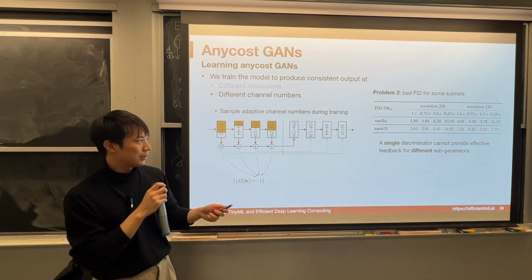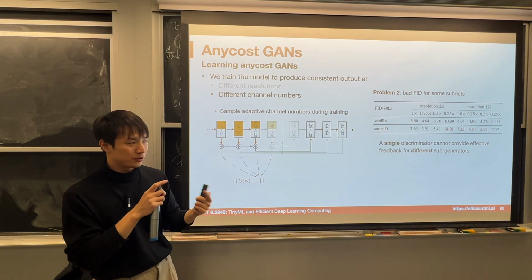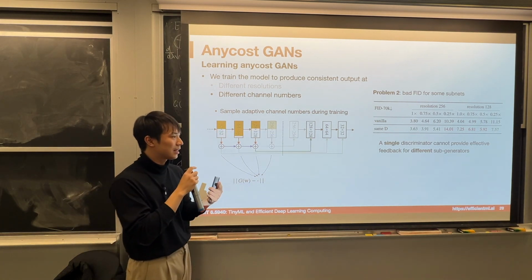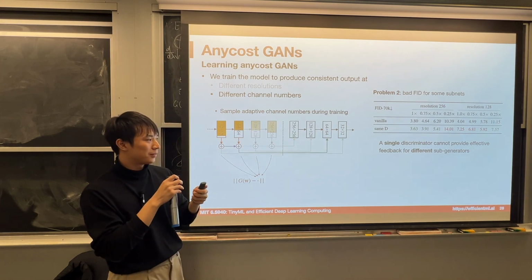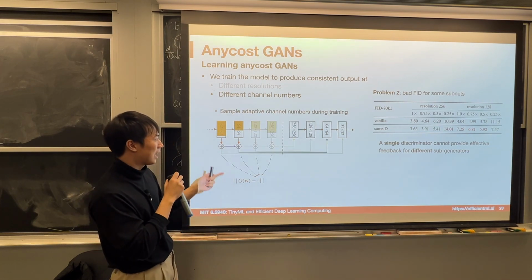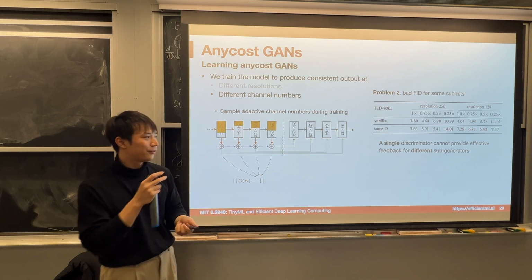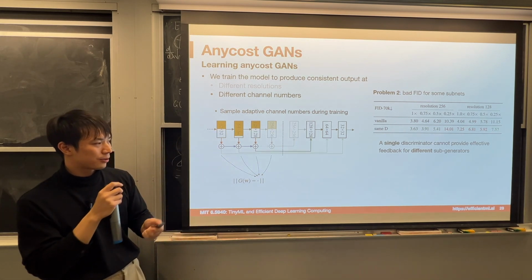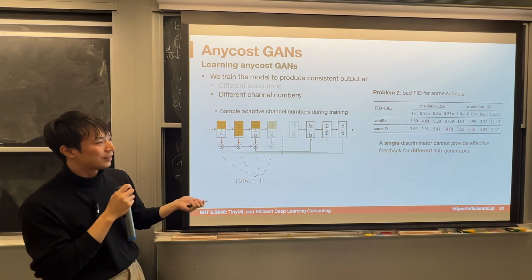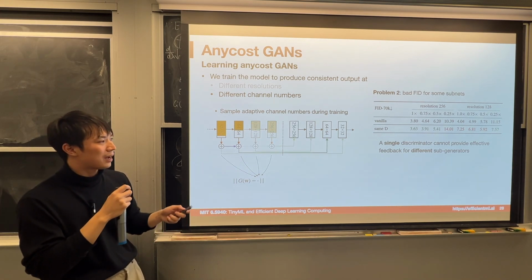So we hypothesize that this is because if you use one single fixed discriminator, it doesn't provide effective feedback for different sub-generators, because the artifacts for the full generator and the reduced channel generator may be different. So a single discriminator cannot effectively distinguish between the different capacities.